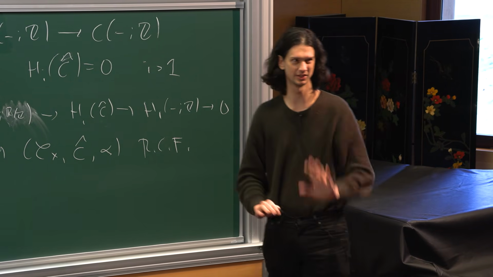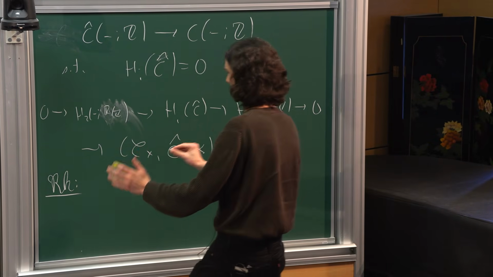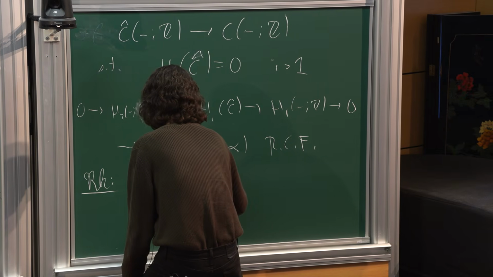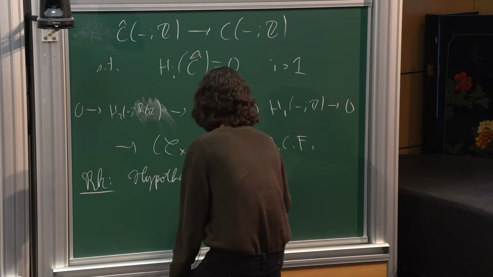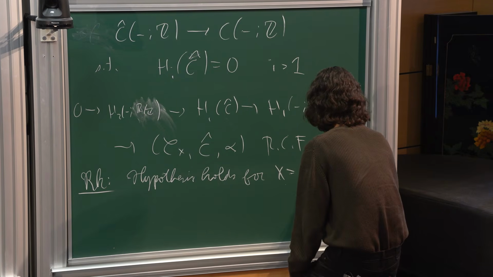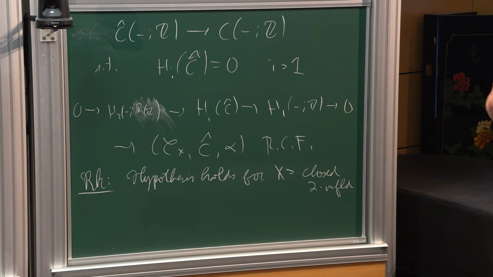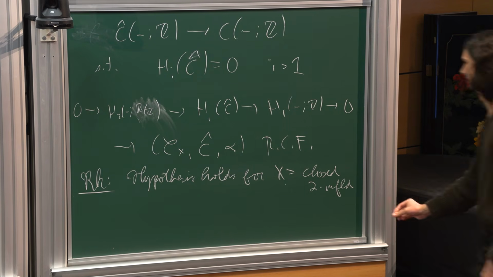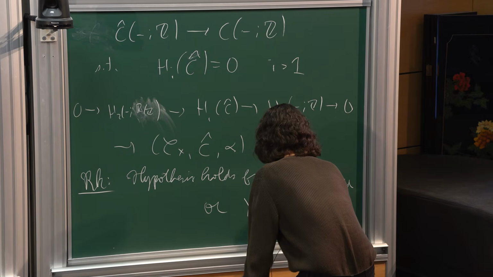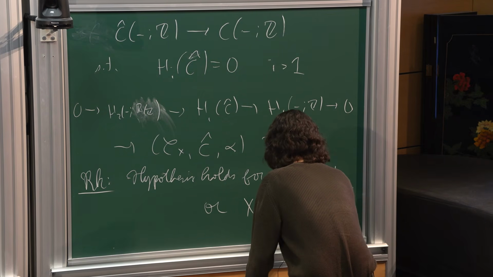I'll make just a comment. So the remark is that this relaxed hypothesis holds for X any closed 2-manifold, obviously, orientable or not. It doesn't matter. It can be non-orientable. Or any X any compact 3-manifold with non-empty boundary.